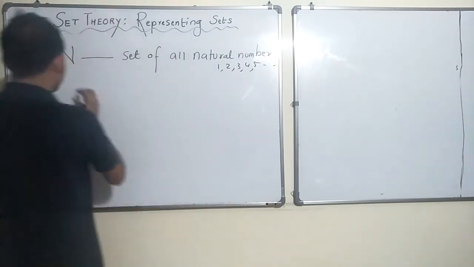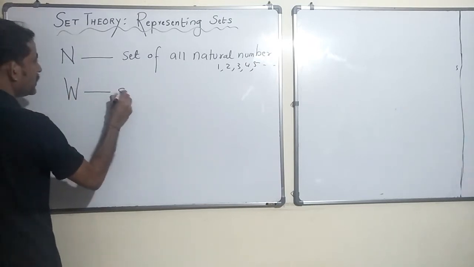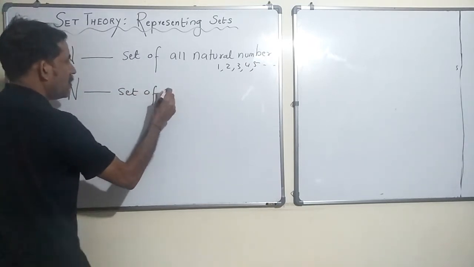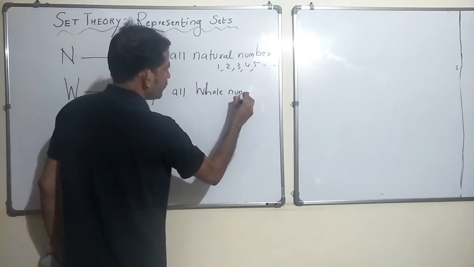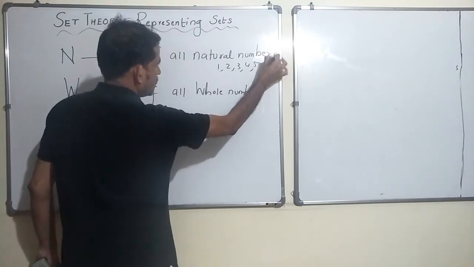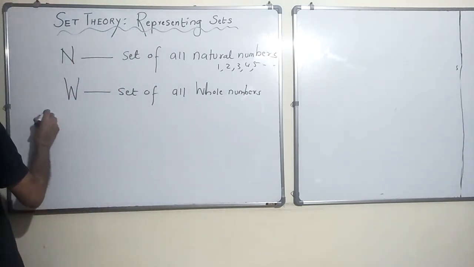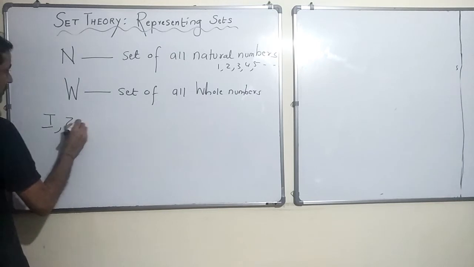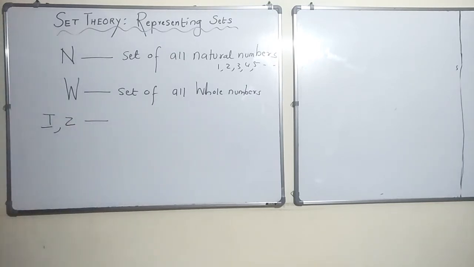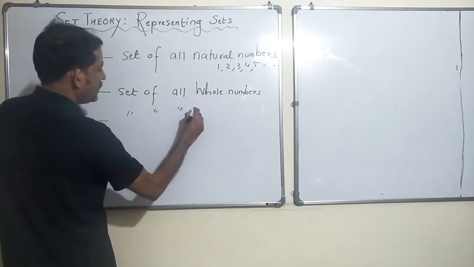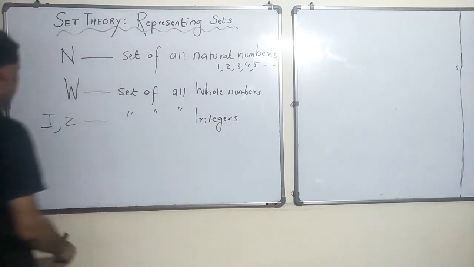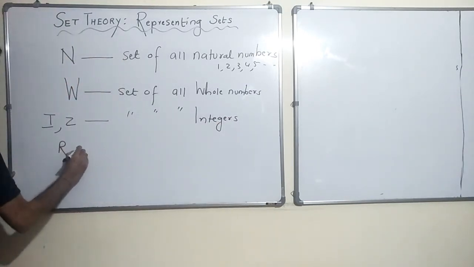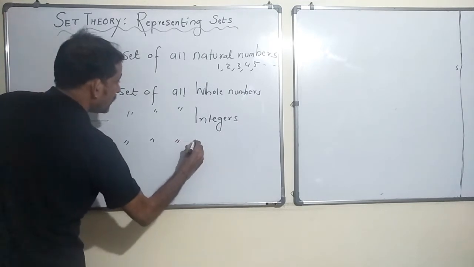Capital W denotes the set of all whole numbers. Then you have I or Z, which denotes the set of all integers. Then you have R, the set of all real numbers.